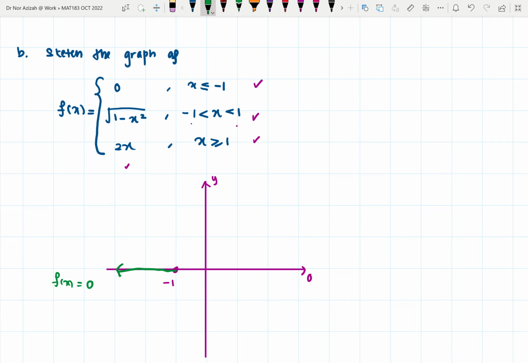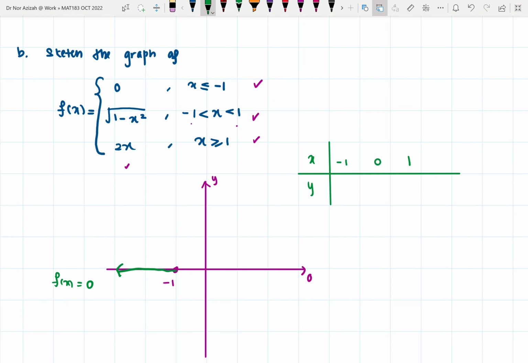Okay, second is x greater than -1 and less than 1, so this one you can construct a table. So this one is x and y: -1, in between is 0, this one is 1.